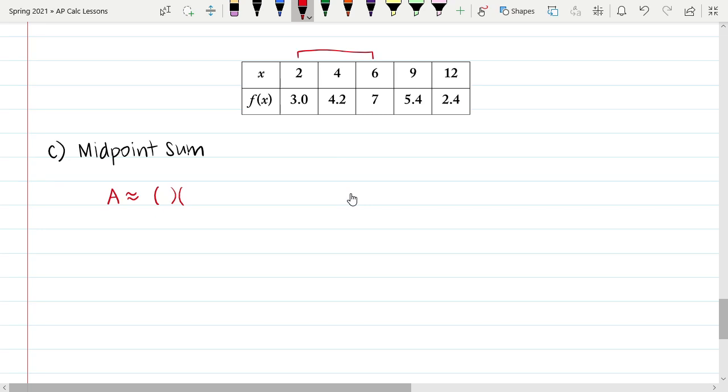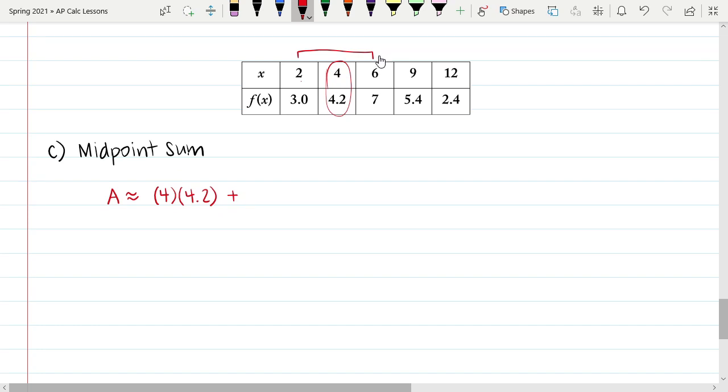So now feel free to take notes or pick up your notes from here. So that means my first rectangle is actually going to go from 2 to 6, which is a base of 4. And then now the height is going to be the function value at the midpoint. So that's going to be f of 4, which is 4.2.